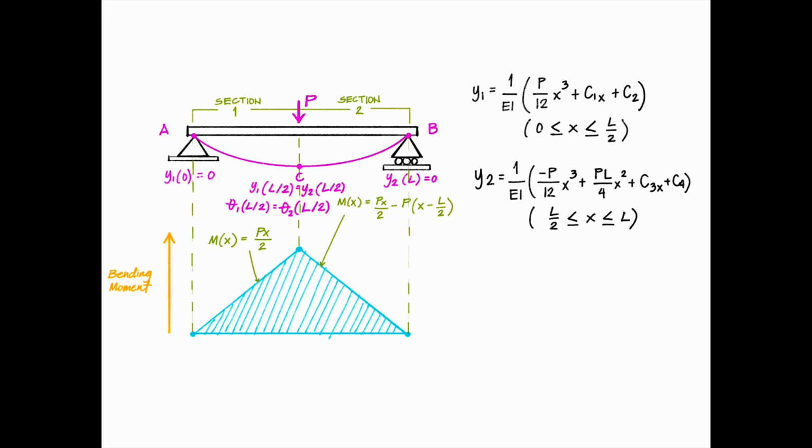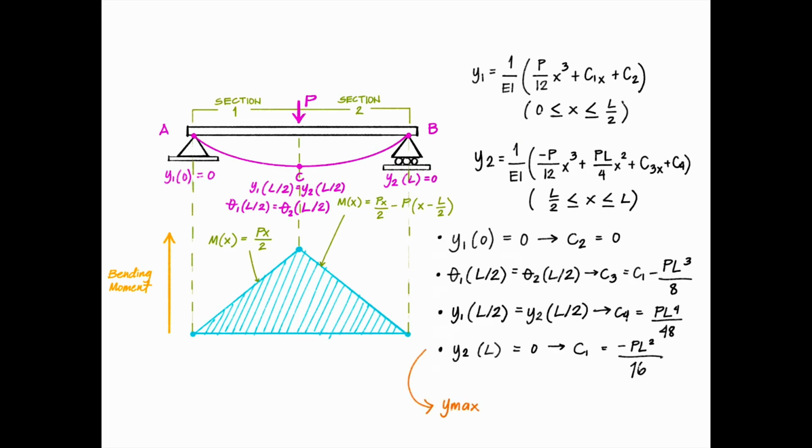By applying boundary conditions at the supports, we can determine some constants. The continuity conditions between sections also come into play, as displacement and slope must match at the section transitions, leading to a system of equations to solve for the remaining constants.